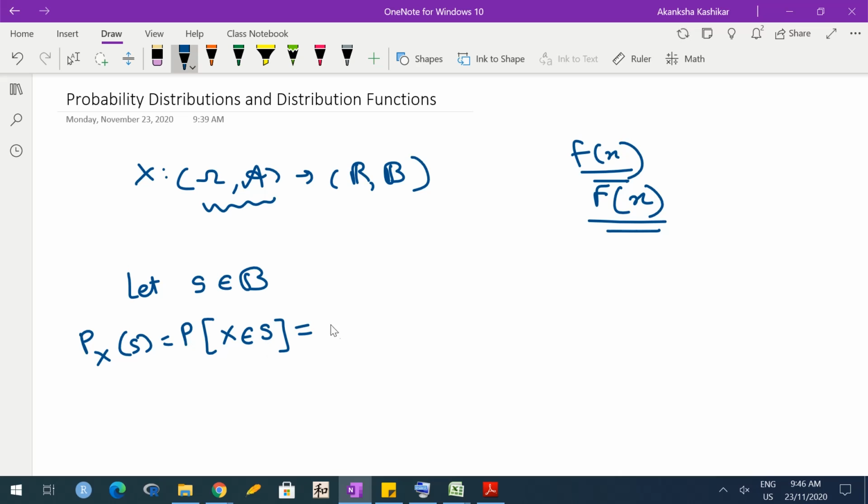So probability of X belonging to S is the same as probability of X inverse of S. Am I right? If you are not clear, let me write one more step.